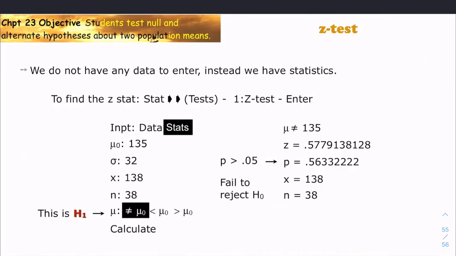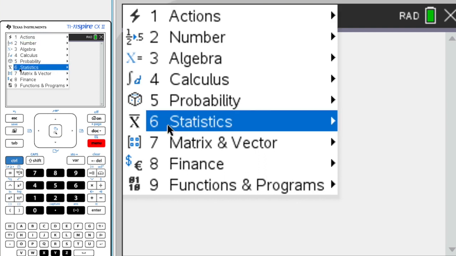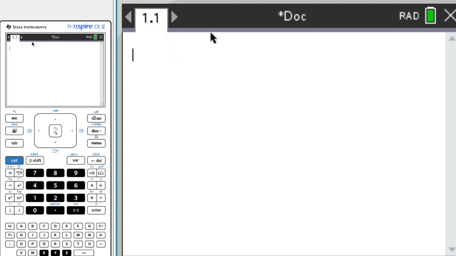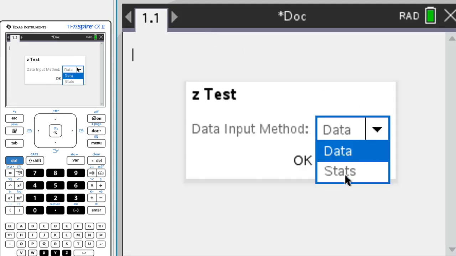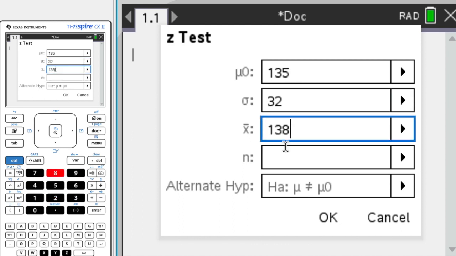So we don't have any data to enter in this case. Instead, we have statistics. So if we are going to run a z-test, because we know the mean and standard deviation of the population, we're going to hit menu, go down to statistics, tests, and z-test. Instead of data like the last time, we're going to use stats with our mean of 135, our population standard deviation of 32, our x-bar, the average of our sample, is 138, our sample size is 38.